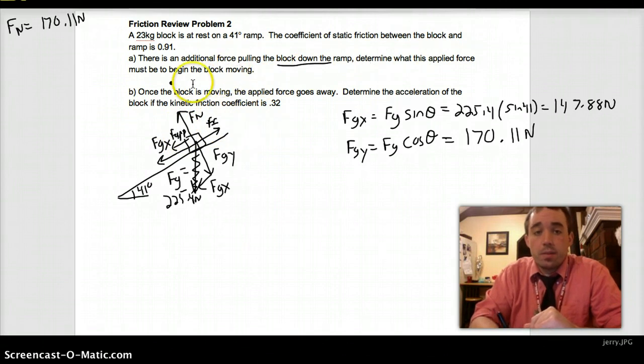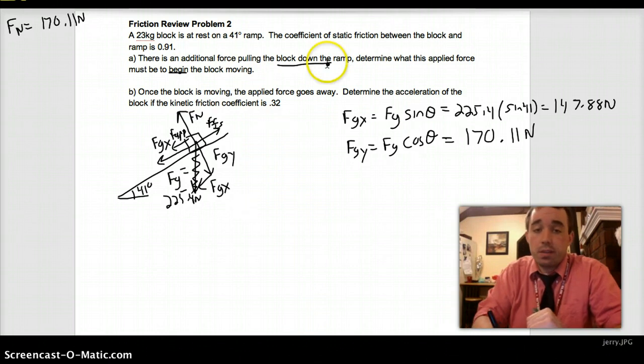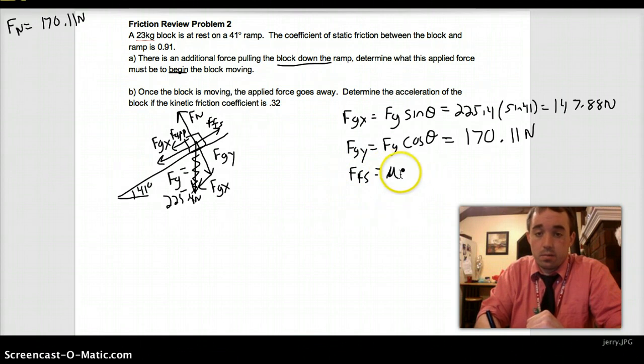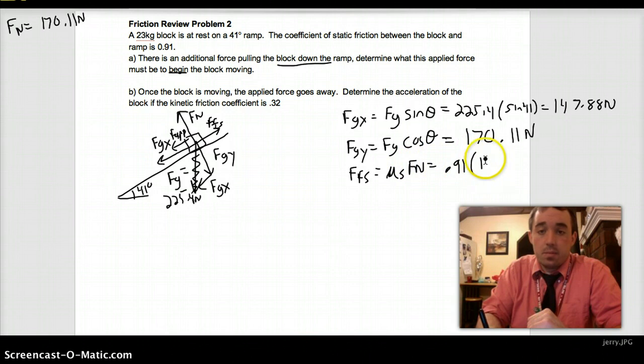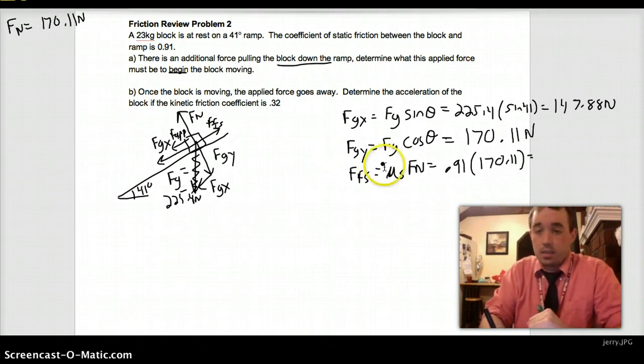What is the applied force that must begin, that's a key word, the block moving? What I mean by that is right now I'm in static friction. I haven't had it moving yet. So we have to figure out what that FFS is. Coefficient of static friction being 0.91, so mu s times the normal force. 0.91 times the normal force, 170.11, gives me 154.8.